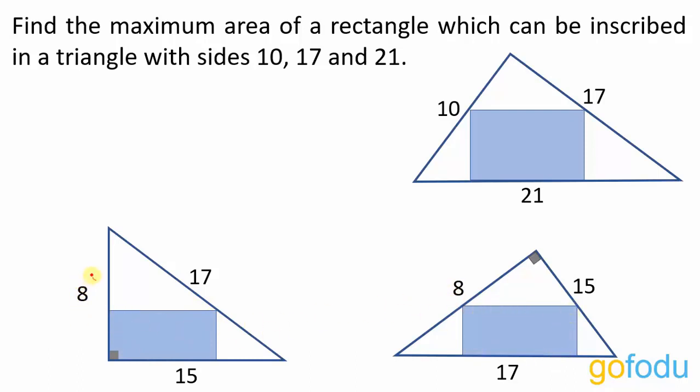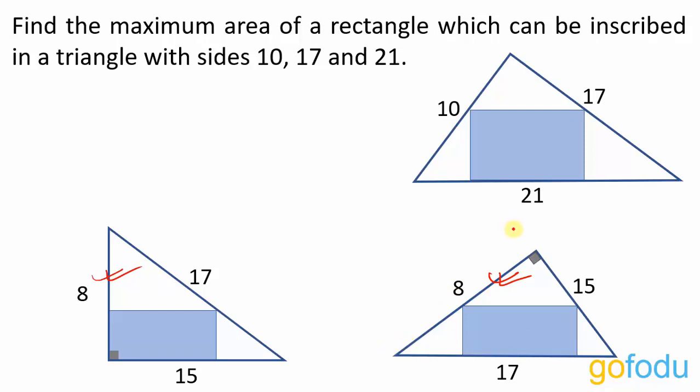Be it this case or be it this case, in both the cases, maximum area of the rectangle will come out to be same. Okay, and that will be half of the area of this triangle.